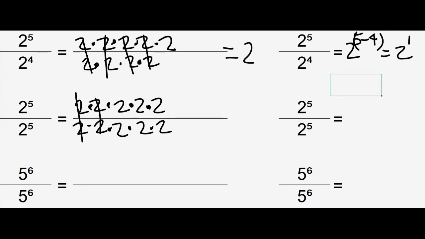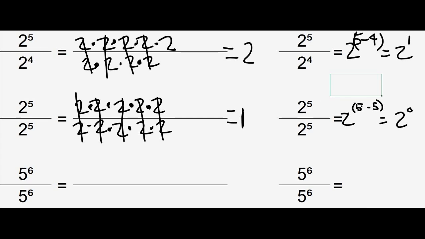If I divide all of these, I get 1 times 1 times 1 times 1 times 1. 1 to the 5th power, still 1. I get 1. If I use my subtraction rule, I get 2 to the 0 power.